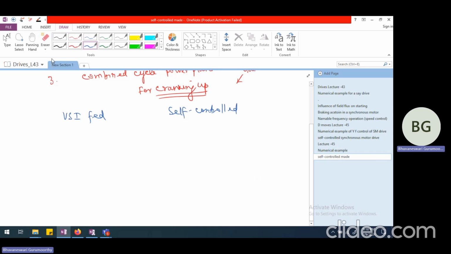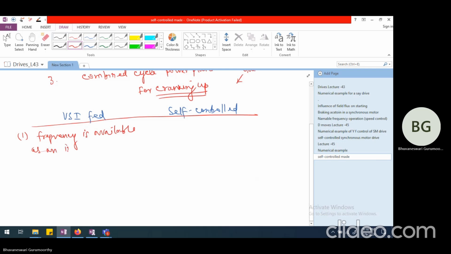One major difference between the VSI fed synchronous motor drive and the self-controlled synchronous motor drive is that in the VSI fed synchronous motor drive, frequency is available as an independent variable. Whereas in the self-controlled synchronous motor drive, we synchronize the inverter which is supplying the stator with the rotor's velocity.